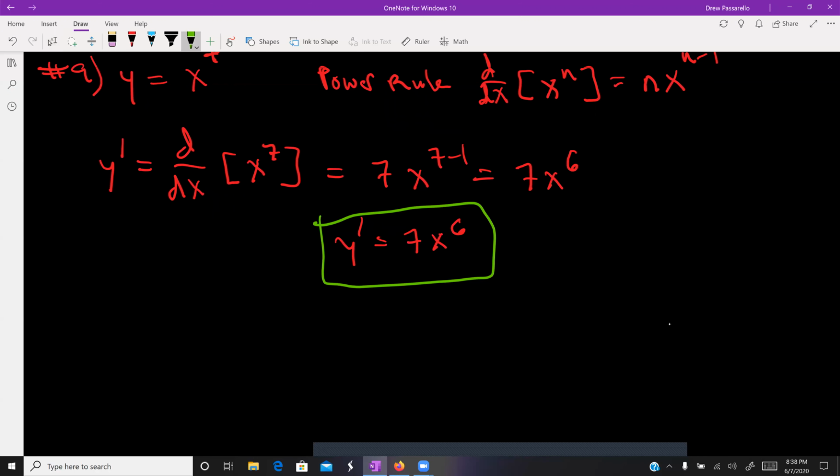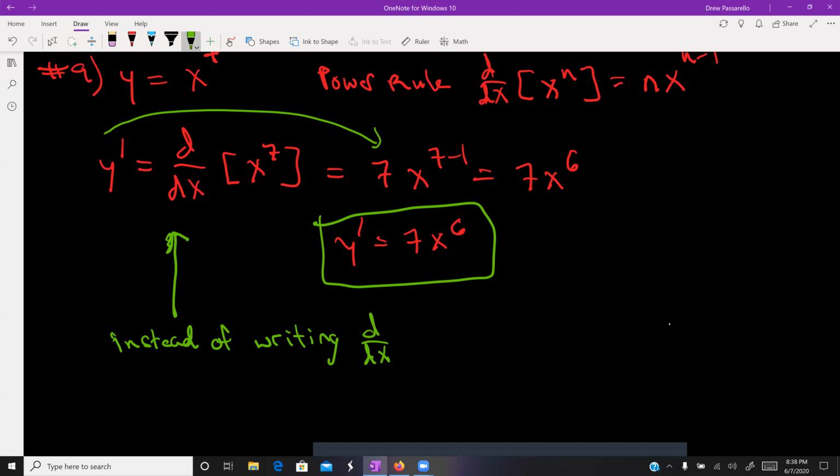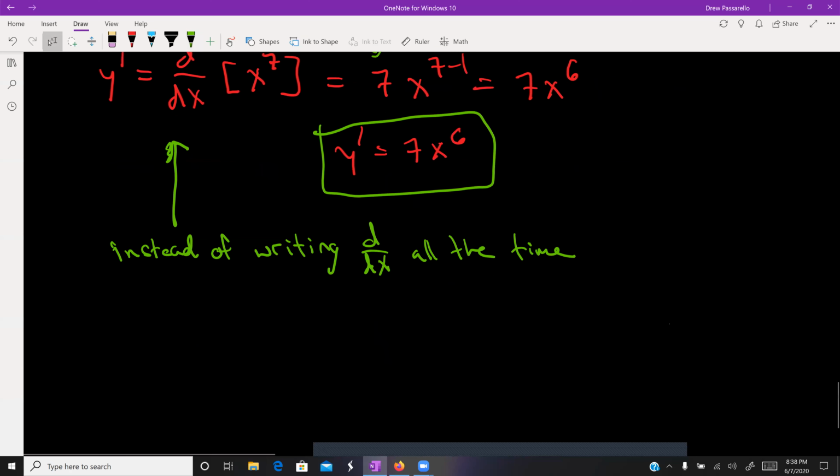All right, because it gets kind of annoying having to write d/dx all the time, unless it helps to write it, I will do the problem like the following.